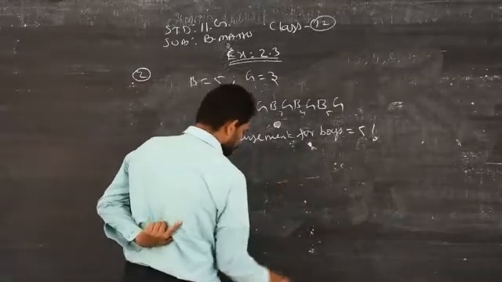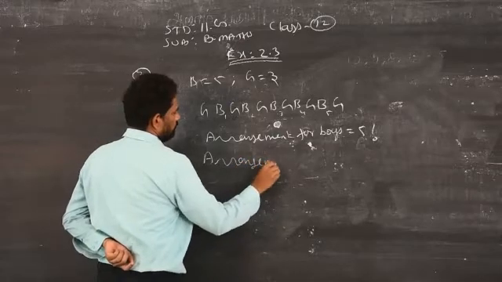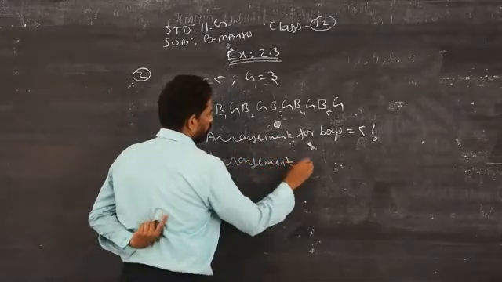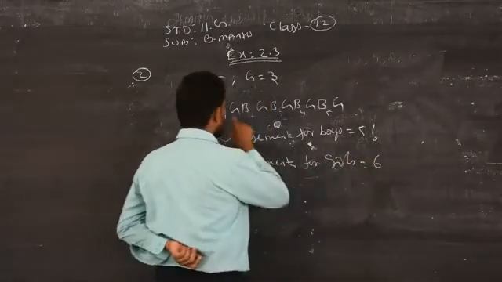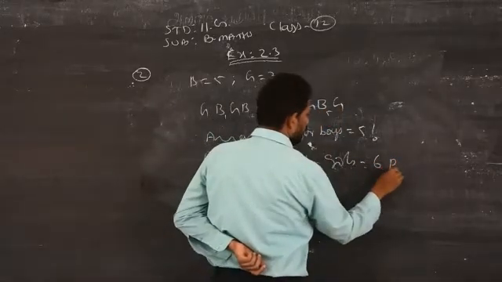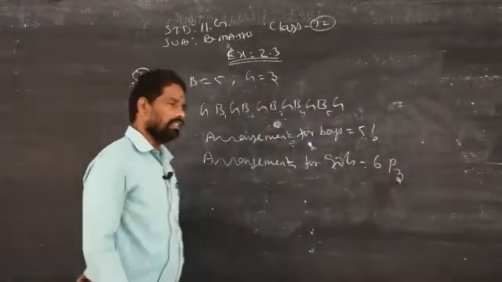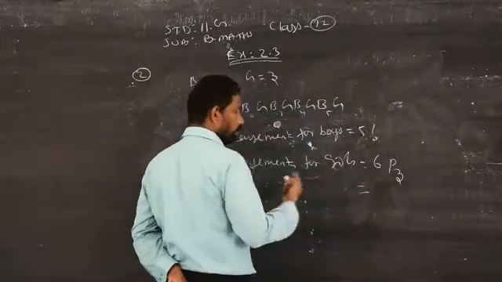So, arrangements for girls. 6 places, 1, 2, 3, 4, 5, 6, occupied by how many girls? 3 girls. 6P3. How to write 6P3? Do you want to write the formula?